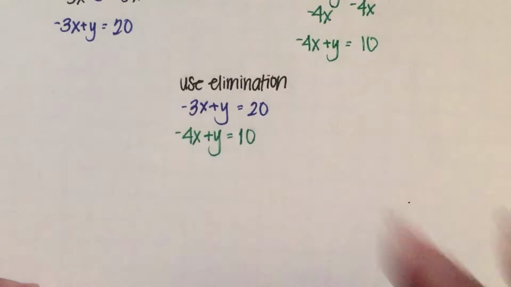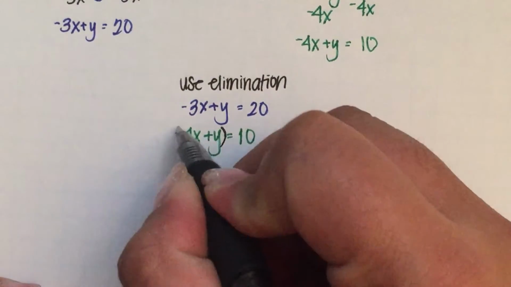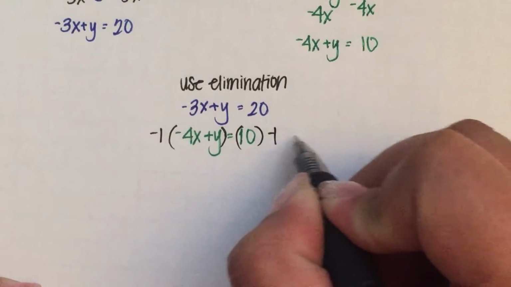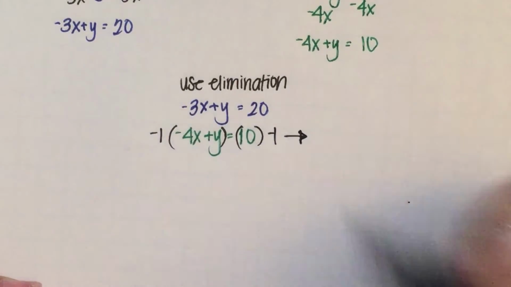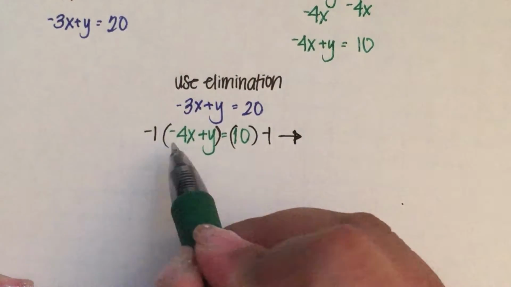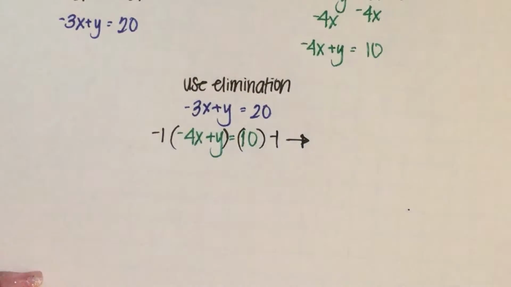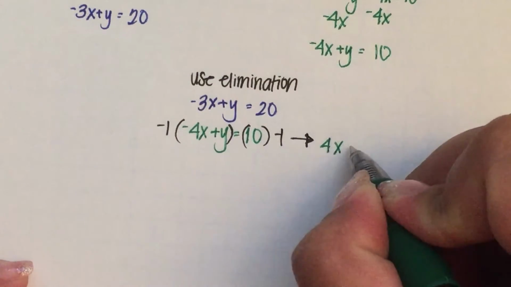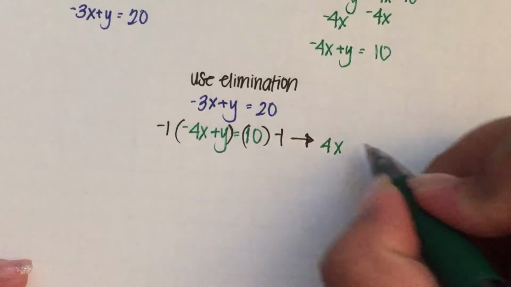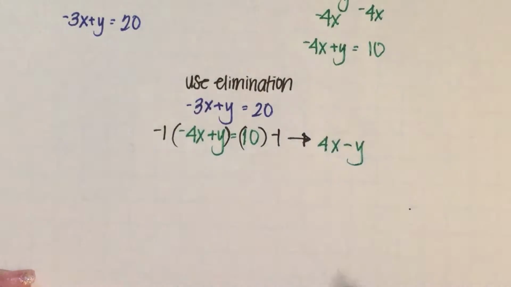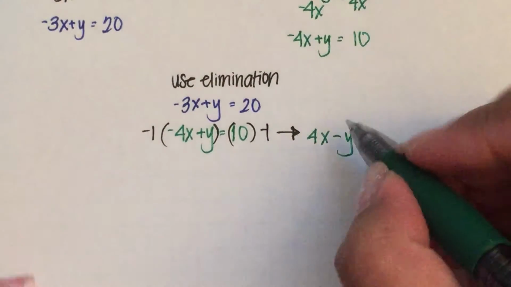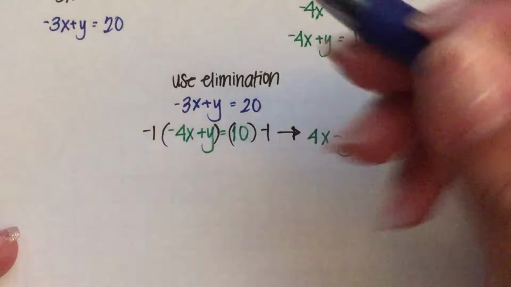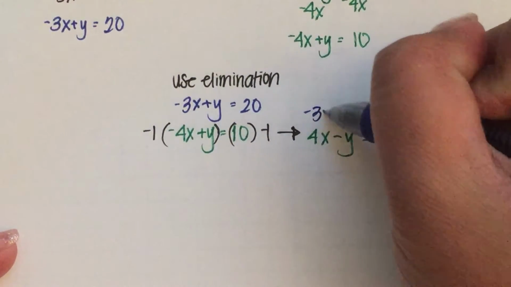And so I think it would be easier for me if I multiplied by negative 1 on both sides of the equal sign. And so that transforms my equation to become negative 1 times negative 4 is 4x. Negative 1 times positive 1 is just going to be minus y. Negative 1 times 10 is equal to negative 10. And Susan's equation stays the same.